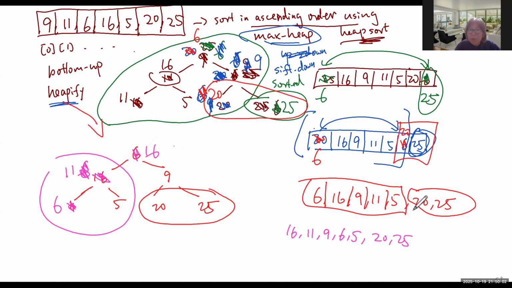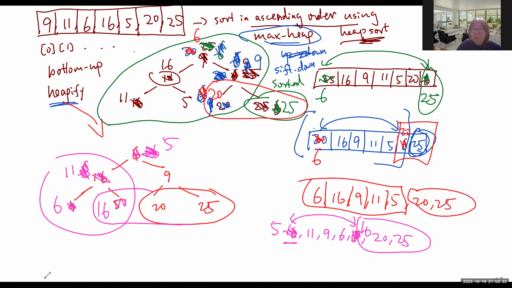And we already know 20, 25 are already sorted, is it? And 16 is the largest, so we need to swap it to its location. So we move 5 up and 16 here. So now 16, 20, and 25 are all sorted, okay? So now we needed to change this to 5 and change this to 16.